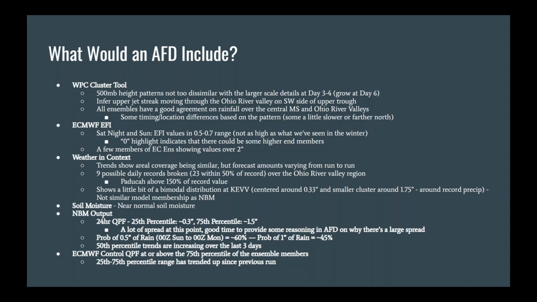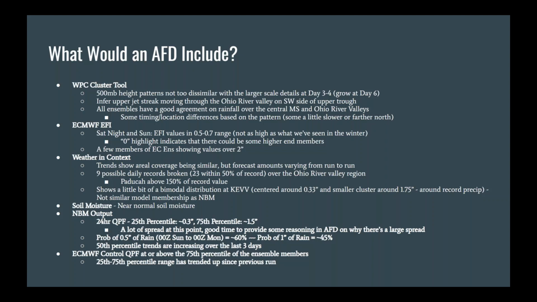I hate to use the word chance since Randy said we're not supposed to use chance, or it's tough to say, but there's a decent potential, I guess, of seeing some half inch or 1 inch of rain from this event overall. And like Jim had highlighted, the 50th percentile trends are really increasing over the last 3 days, again building your confidence in that.